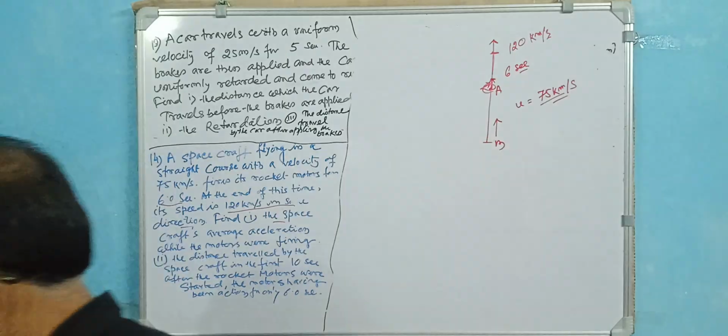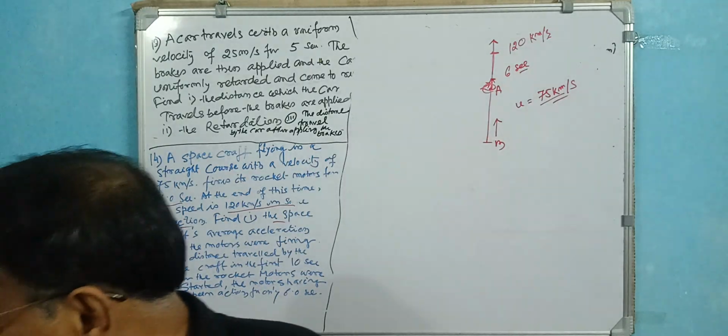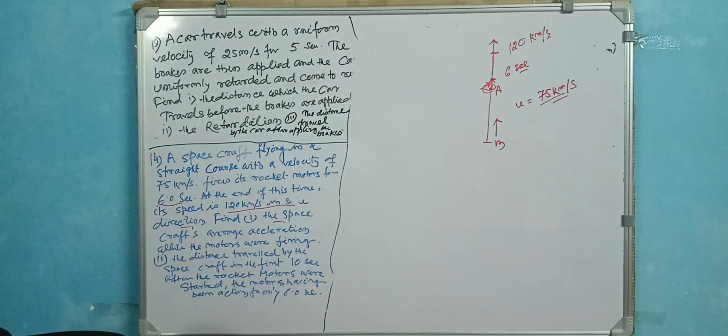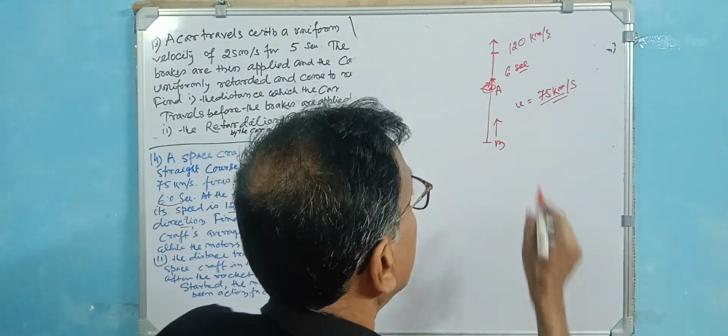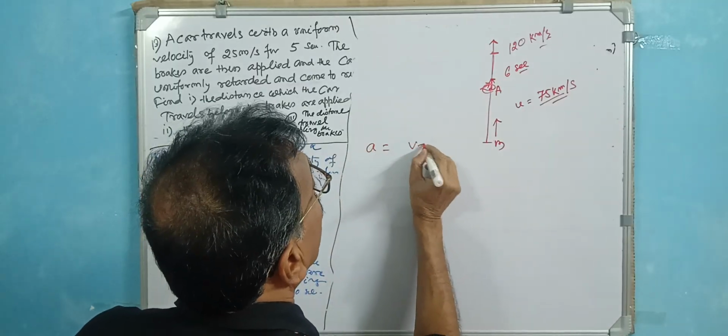That is the same thing. These are all in seconds. So acceleration is v minus u by t.